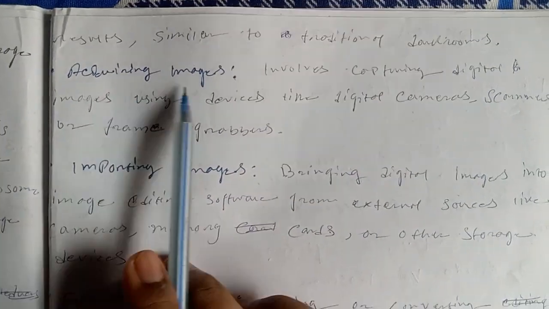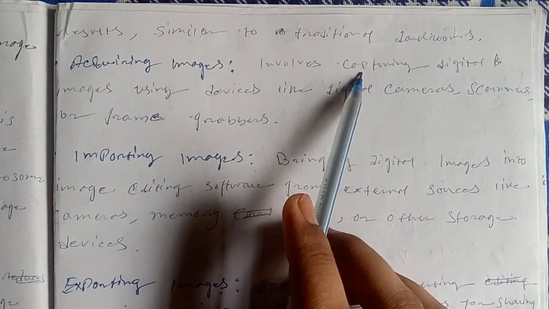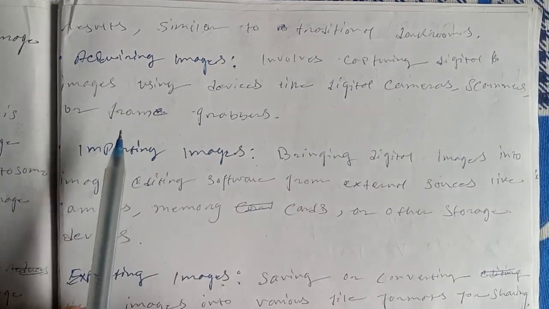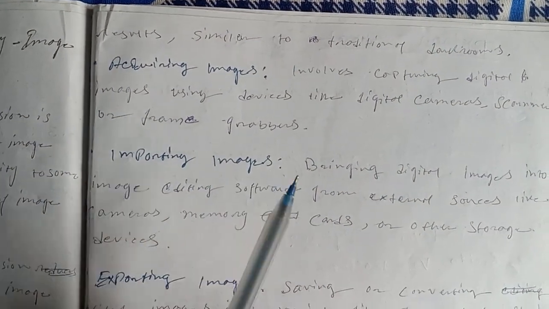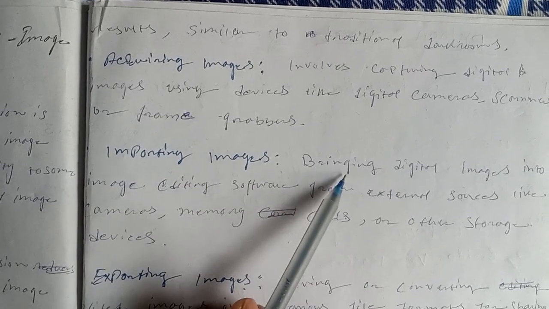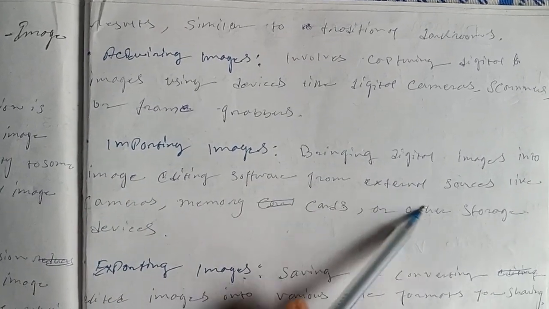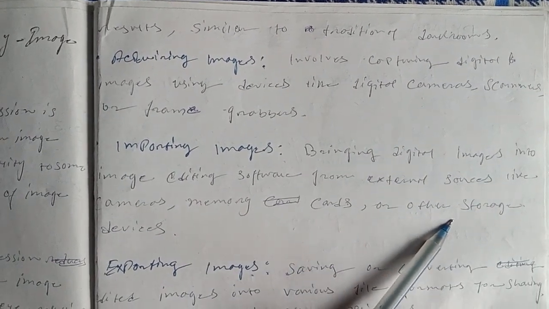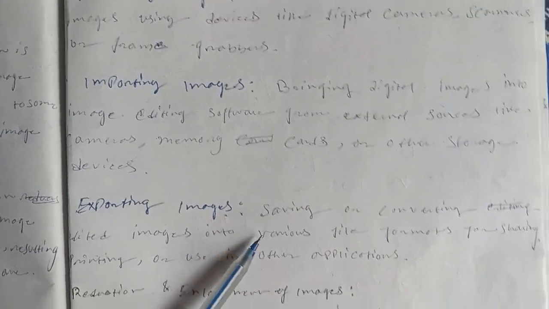Then acquiring images involves capturing digital images using devices like a digital camera, scanner, or frame grabbers.